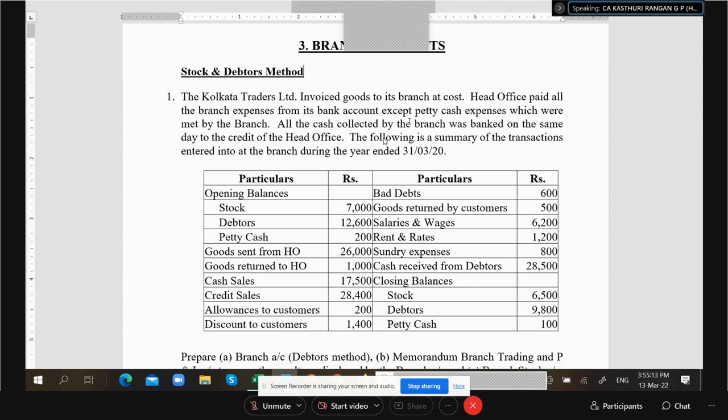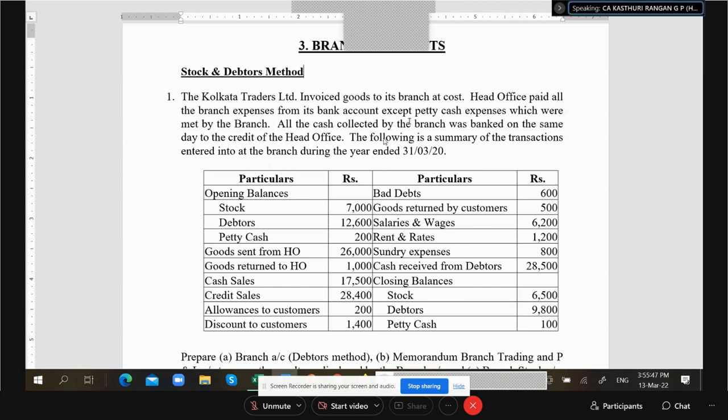Debit the receiver, credit the giver. So if you assume the branch as a debtor, as and when the branch receives a benefit, the branch account will be debited. When the branch gives a benefit, the branch account will be credited. You will be recording opening closing balances on the appropriate side. The difference, if any, in the branch account will be the profit or loss made by the branch. That is debtors method.